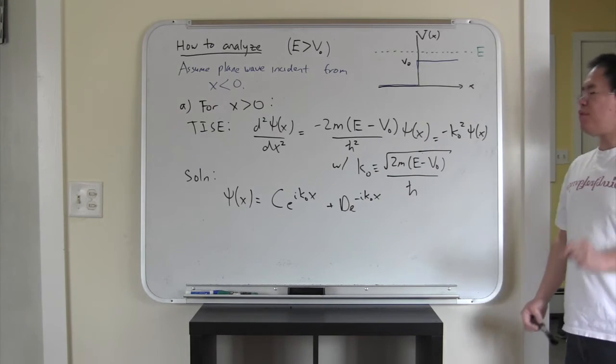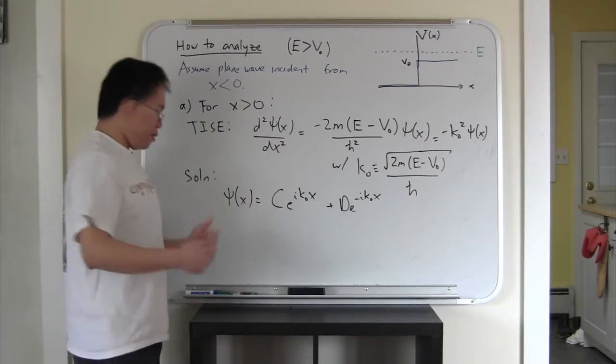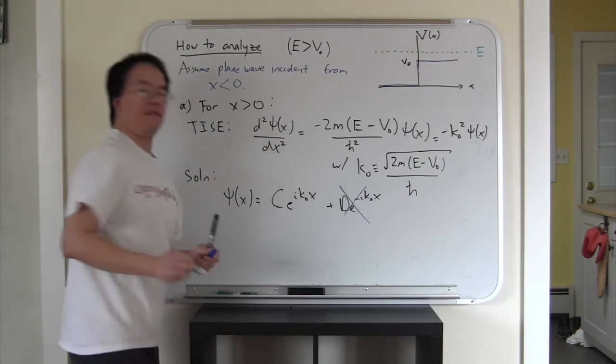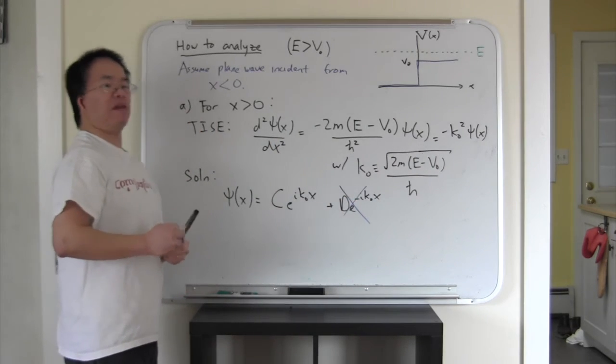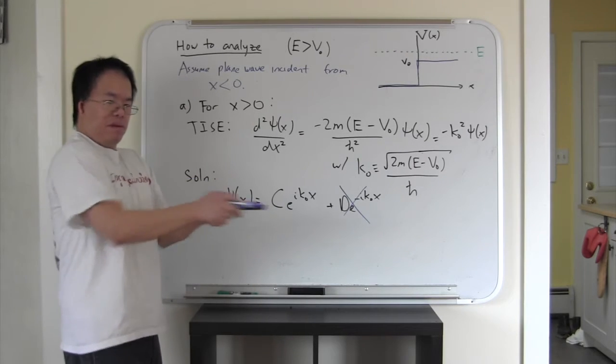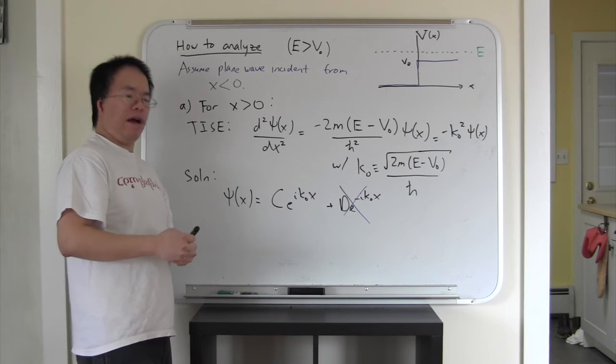So on physical grounds, because this represents something going to the left, we will cancel that out, because it doesn't jive with the physical situation of doing an experiment where we're scattering particles from the left.